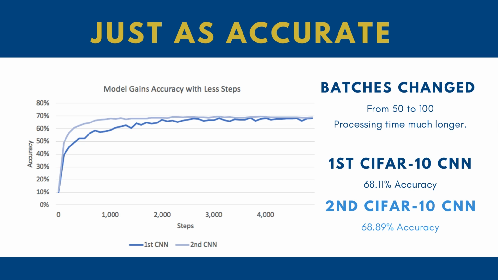So the graph tells the story of the second CNN being more accurate faster in the learning process than the first, and ending up a little bit more accurate, but not dramatically. But it doesn't tell the story of what happened when I ran these. When I ran the first neural network, it didn't take all that long, maybe a minute or so.